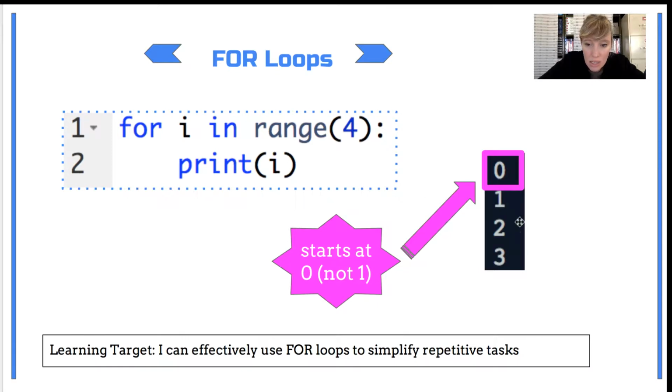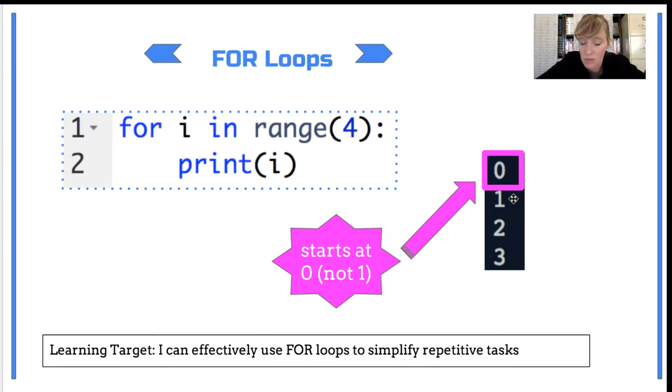Now, all you're doing through this loop is printing what the value of the iteration variable is. As you go through this loop, it's just letting you know what the value of i is, because you're saying print the iteration variable i. Notice that it starts at 0, not at 1. It's a lot like the index values that we had for lists and strings, where it starts counting at 0, which is kind of tricky.